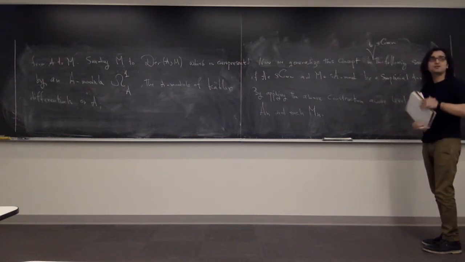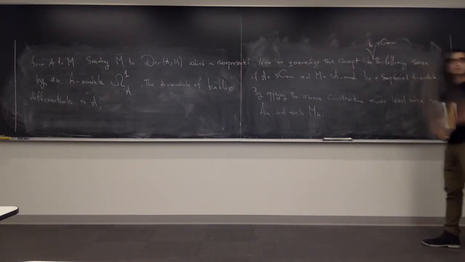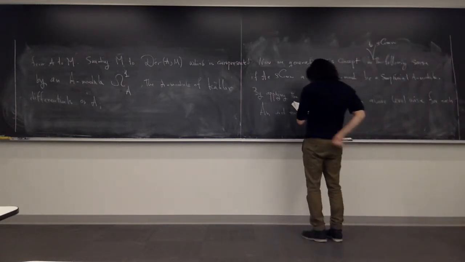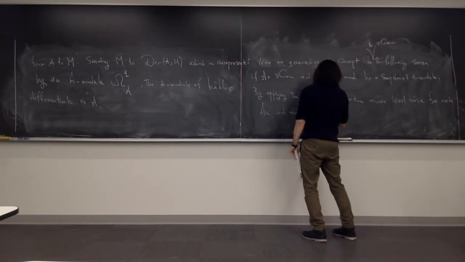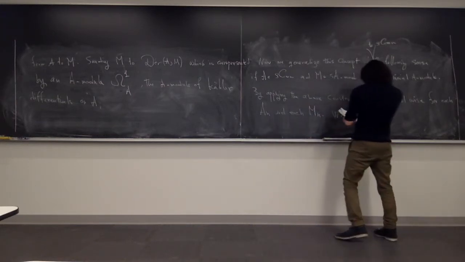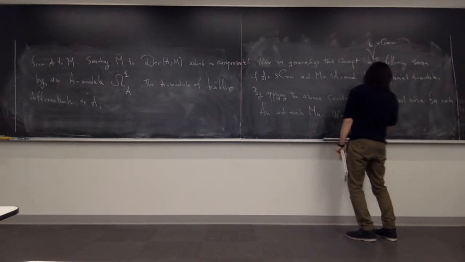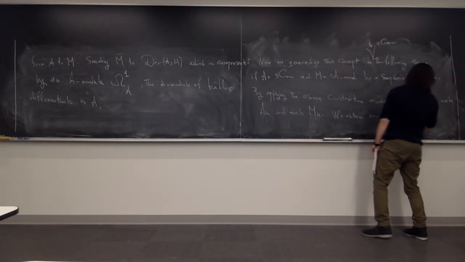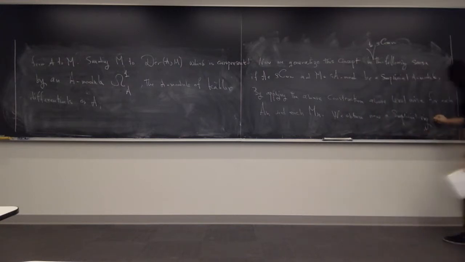For each pair of A_n and M_n, you can construct the sheaf of differentials, and this way you can get a complex, the simplicial complex. Okay, we obtain now a simplicial ring. If you like, you can just write A plus M, but each time you need to identify whether it's a simplicial thing or not.